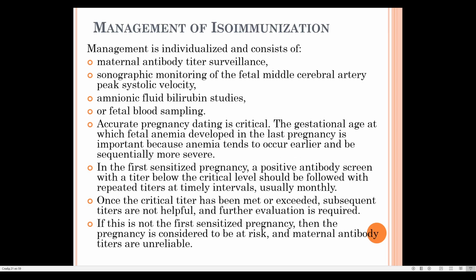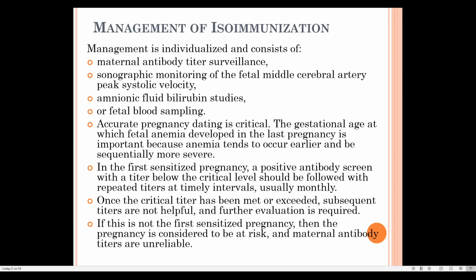Management of isoimmunization. Of course, management should be individualized and consist of the following measures. First one is maternal antibody titer surveillance. Second one, sonographic monitoring of the fetal middle cerebral artery peak systolic velocity.